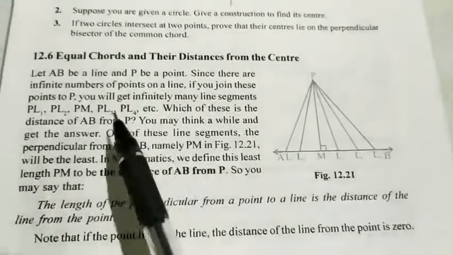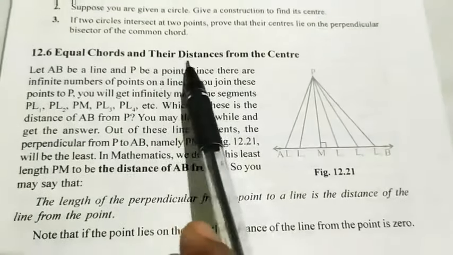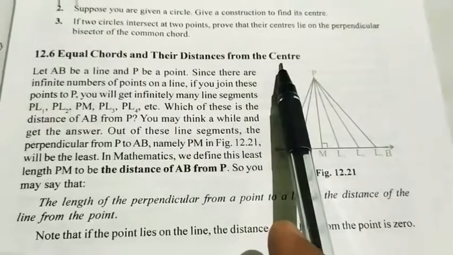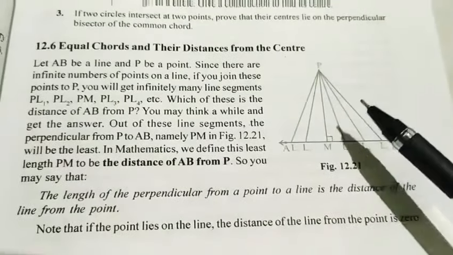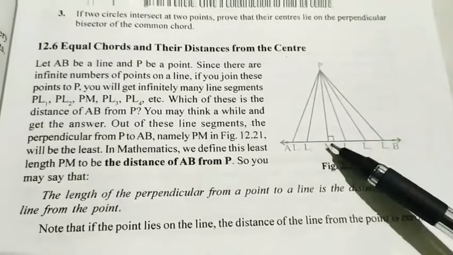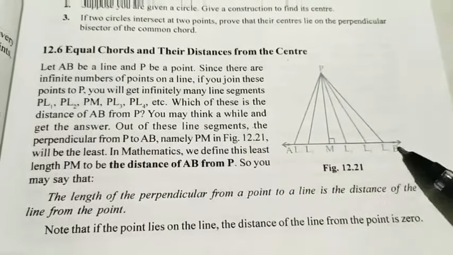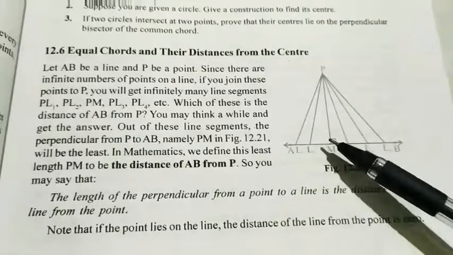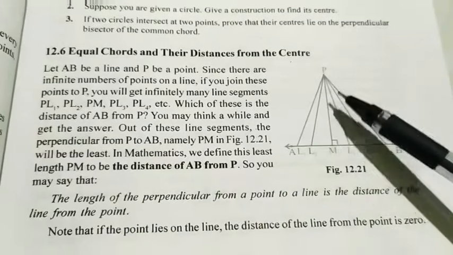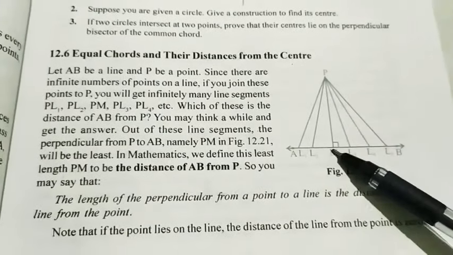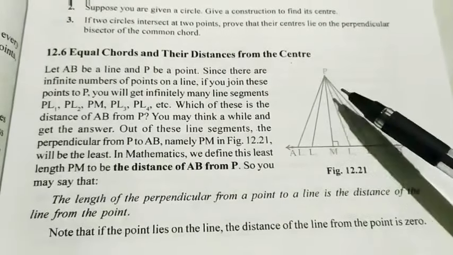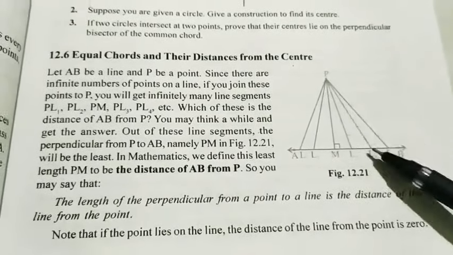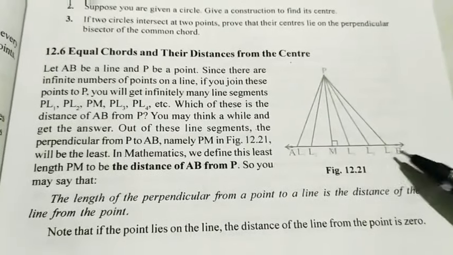The next concept is about equal chords and their distance from the centers. Before that, if we draw a perpendicular line to another line, it will be the very shortest. If you want to check, you can draw PM as a perpendicular, and along with that draw PL1, PL2, PL3, PL4, PL5 and so on.